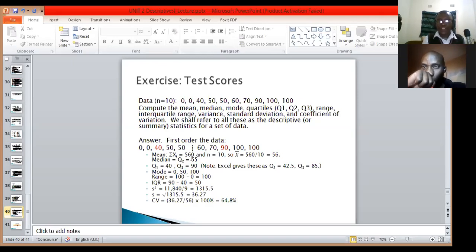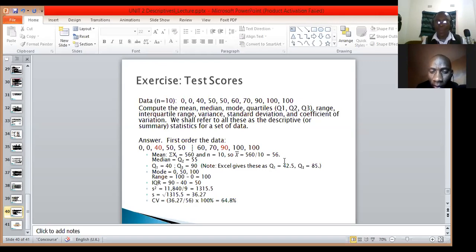So 560 divided by n. What is our n? Our n is 10. So 560 divided by 10 gives us 56. So our sample mean is 56.